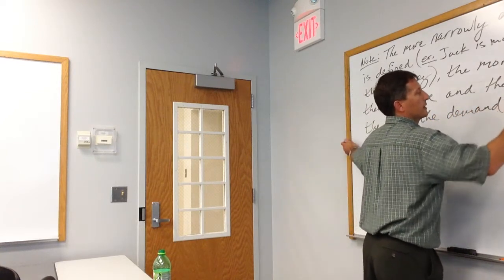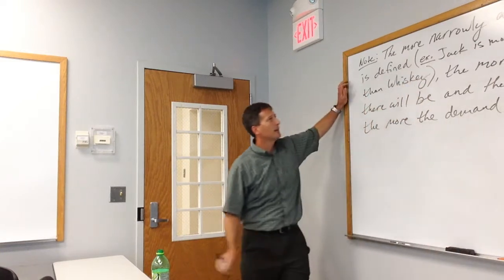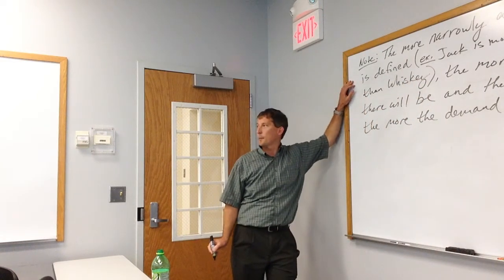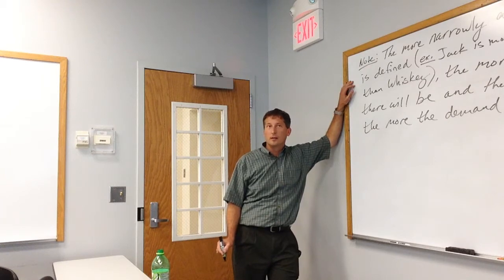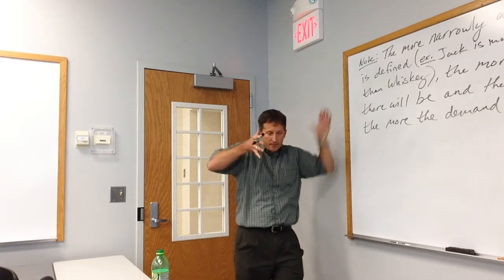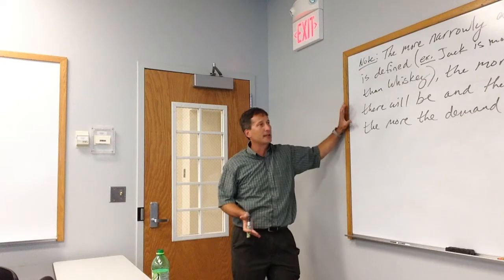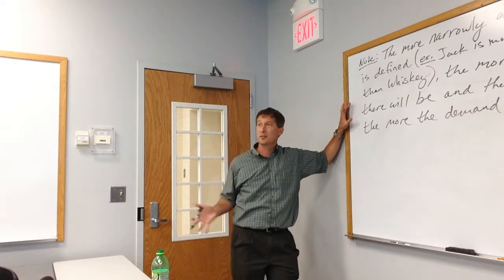I don't think I'm doing real good English here, but I kind of ran on with that one. The more we drill down to an exact type of good, there are lots of substitutes available.